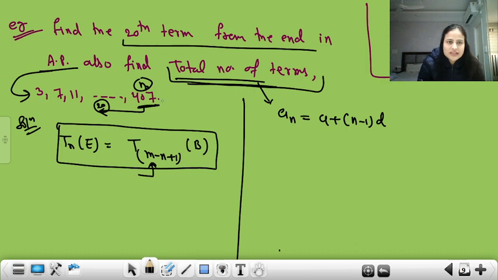So in place of this n, put here 407, because I need to get n corresponding to this term. That will give me the total number of terms. Clear to everyone, right?